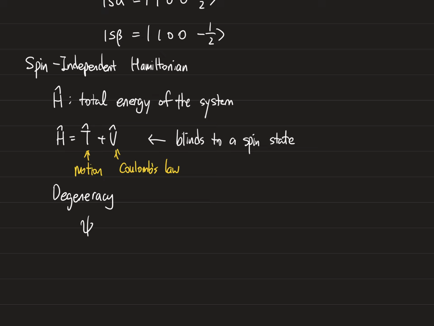So psi n l m sub l alpha gives energy E_n, because the energy of the hydrogen atom only depends on the quantum number n. And psi n l m sub l beta also corresponds to energy E_n. So in quantum mechanics, when two distinct states have exactly the same energy, we call them degenerate. You might remember.